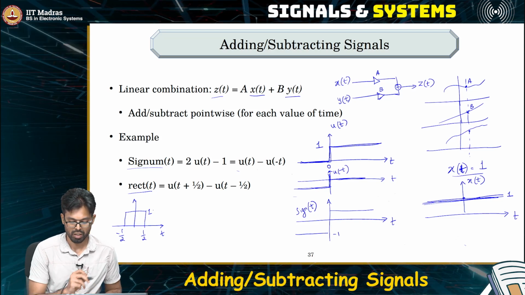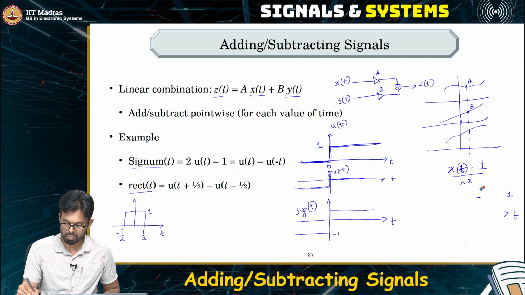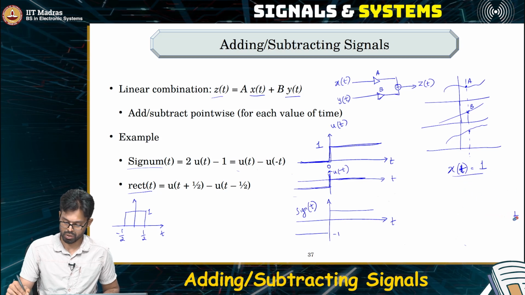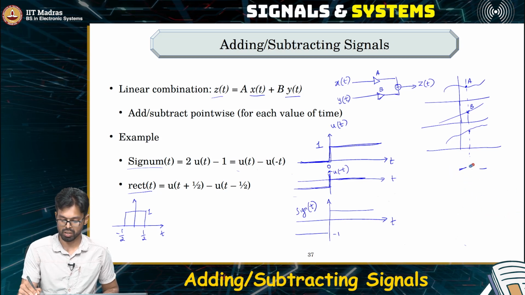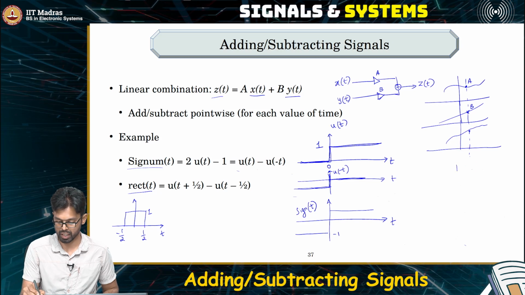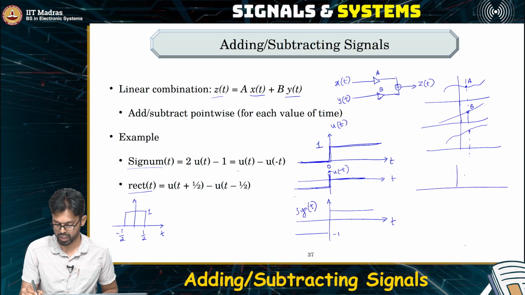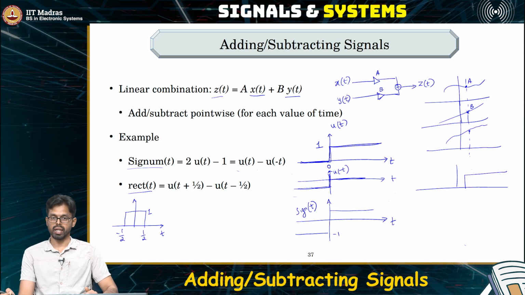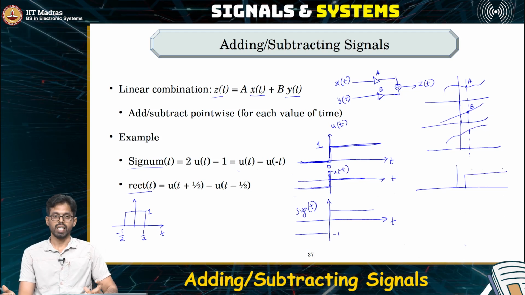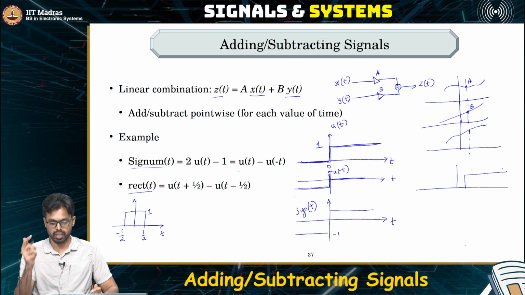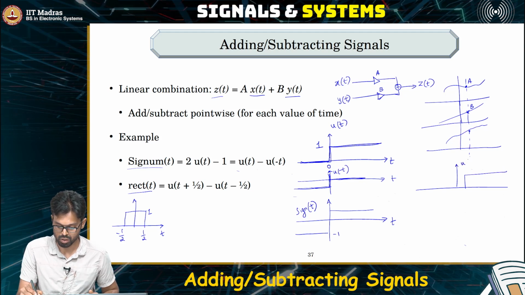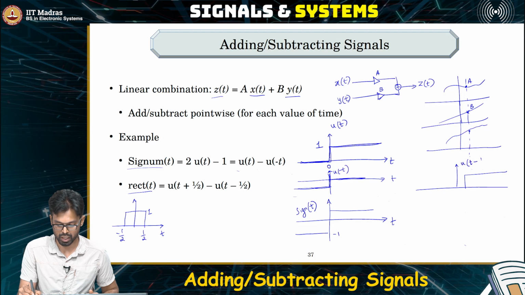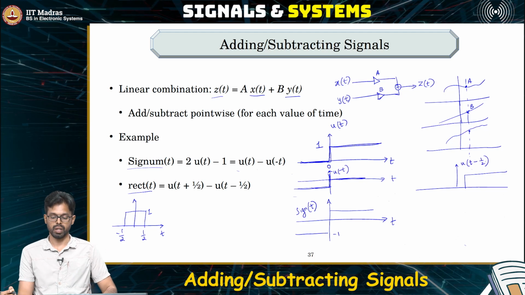Shift the step function to the right. If you shift the step function to the right, what would you get? You get something like this. How would you shift it to the right? By adding a time parameter or a shift parameter that is negative. So this is u of t minus half, okay?